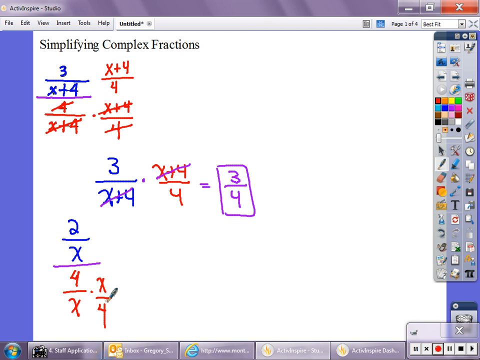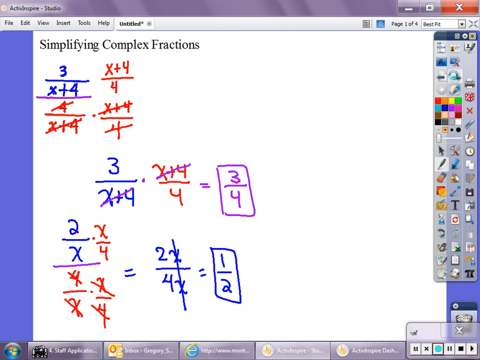But if I do that in the bottom, we have to do it in the top as well, x over 4. So gone, gone, gone, gone. And then what we're left with is 2x over 4x. And then the x is reduced, and 2/4 is 1/2.